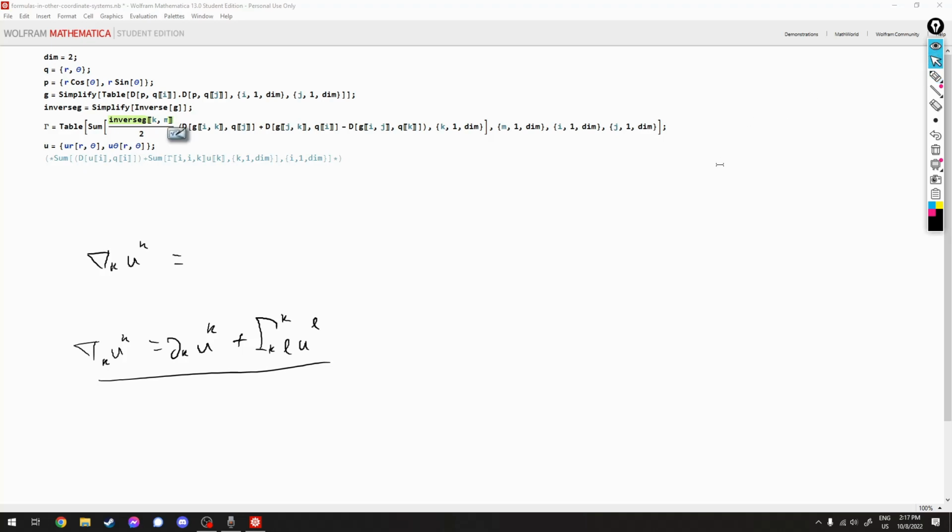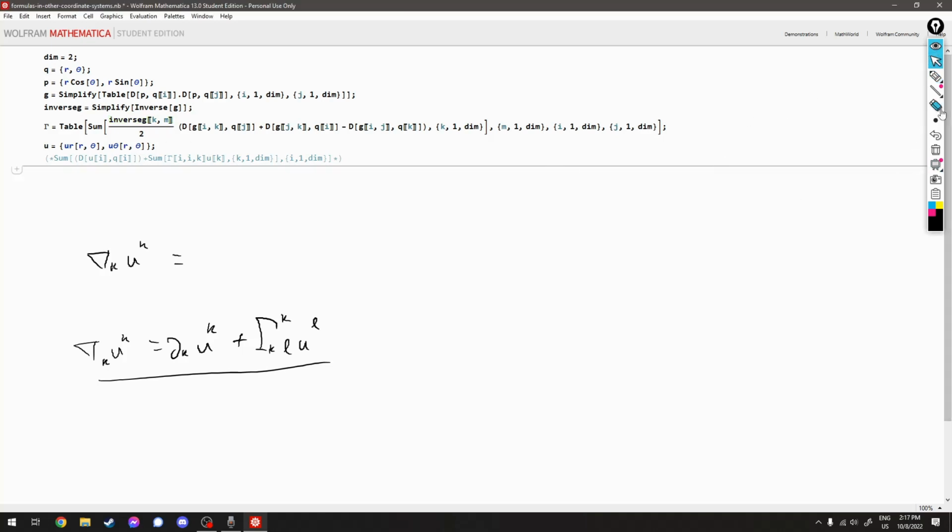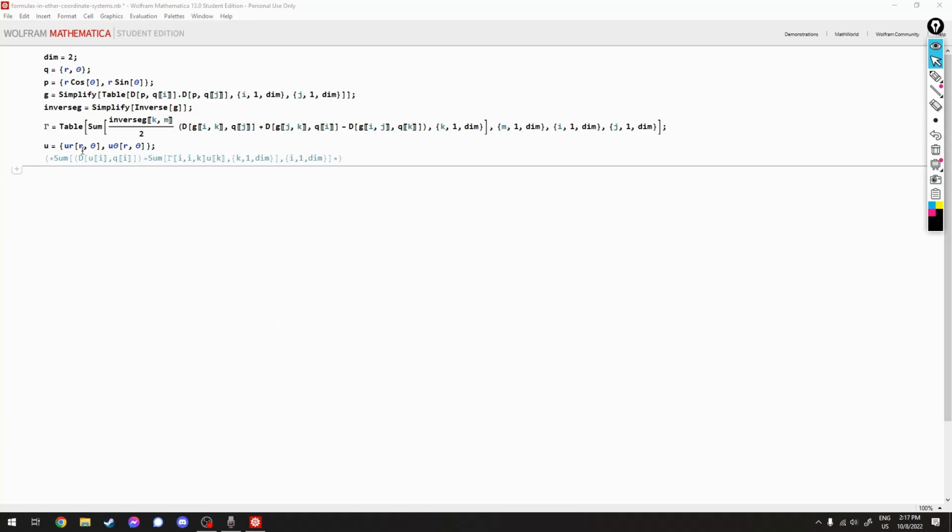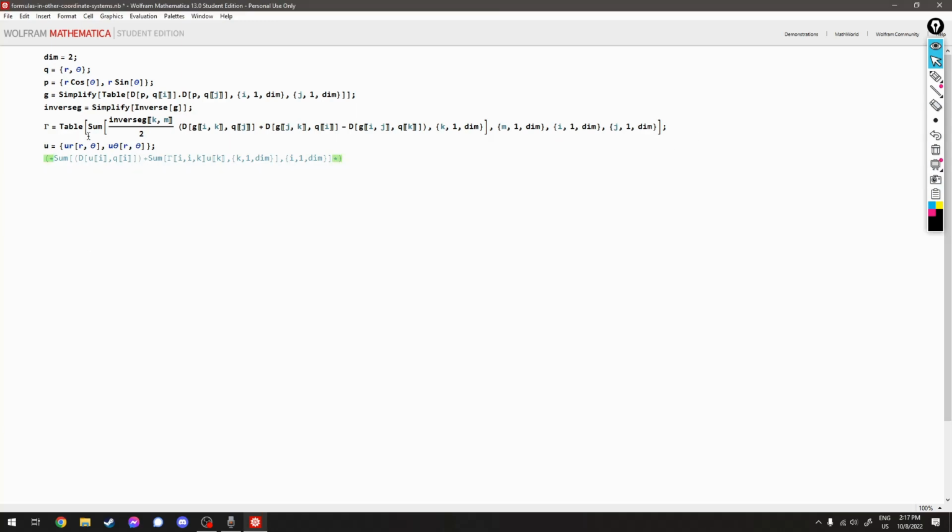Okay, so let's clear this. So I'm implementing this formula here. So we have d u^i over dqi, and then we have the plus. So this is the derivative part. This is the contraction with the gamma part, and we're summing that. It's going to end up being a double summation, as you just saw in the formula. All right.